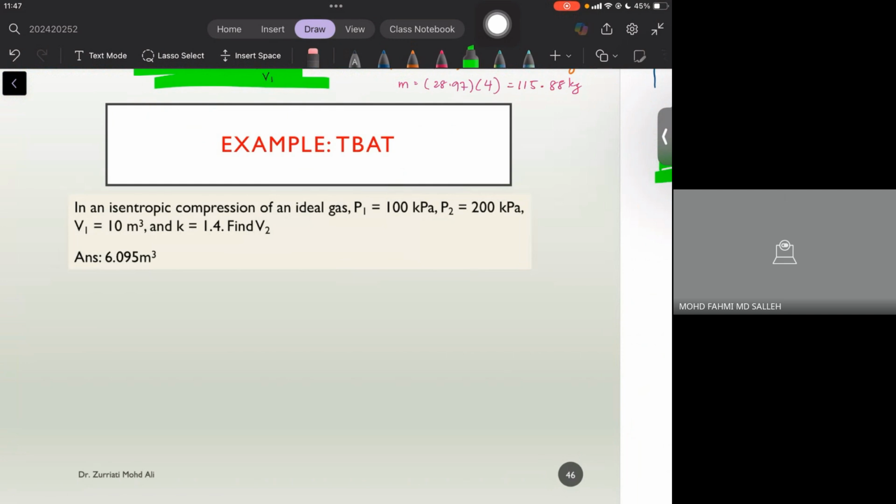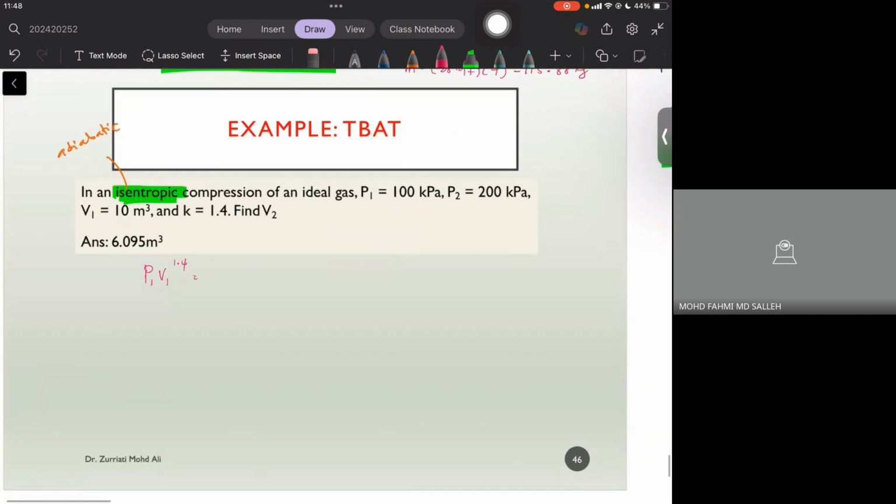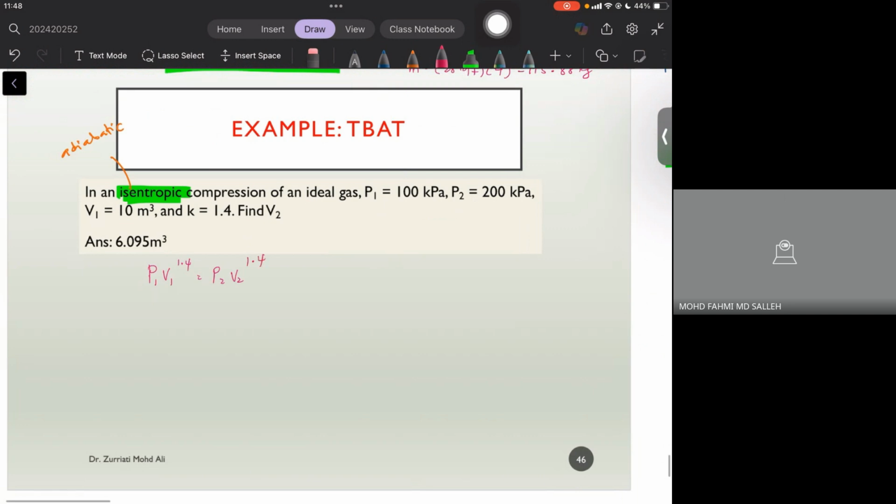When you see the term isentropic, it also means the process is adiabatic. So we use a relation similar to polytropic, but the polytropic index is replaced with k, or gamma. P1 V1 to the power of gamma, which is 1.4, equals P2 V2 to the power of 1.4.